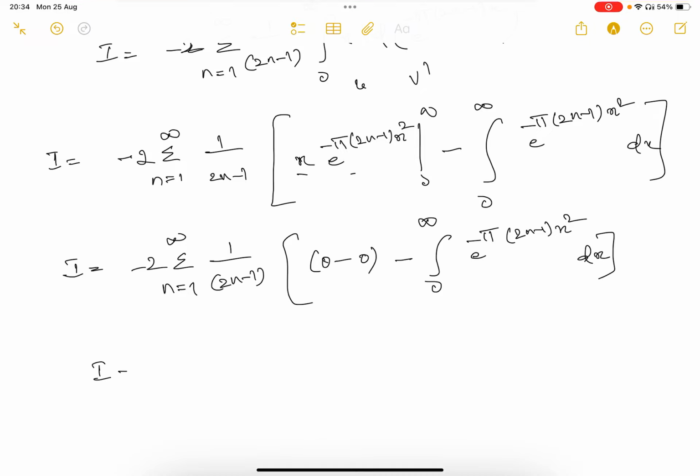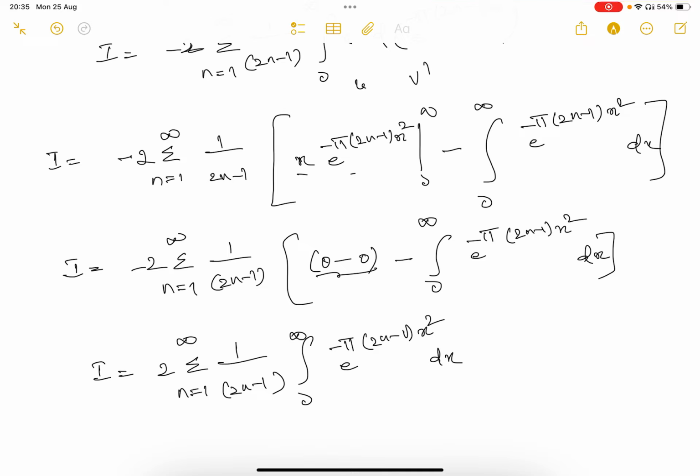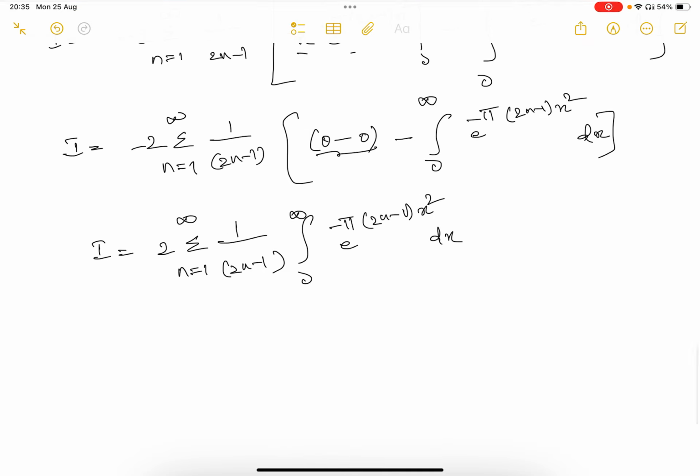So I will be 0 minus this term, and minus minus will give plus 2 into summation n equal to 1 to infinity 1 by 2n minus 1 into integral 0 to infinity e power minus pi into 2n minus 1 x square into dx.